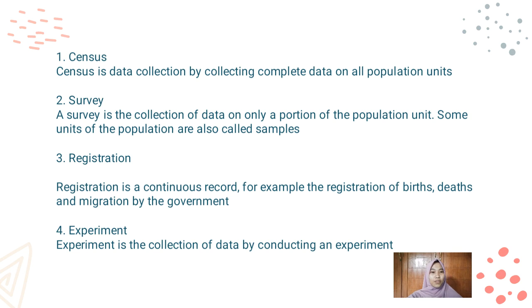Survey is the collection of data on only a portion of the population units. Some units of the population are also called samples. The third, registration. Registration is a continuous record, for example, the registration of birth, death, and migration by the government. The fourth, experiment. Experiment is the collection of data by conducting an experiment.